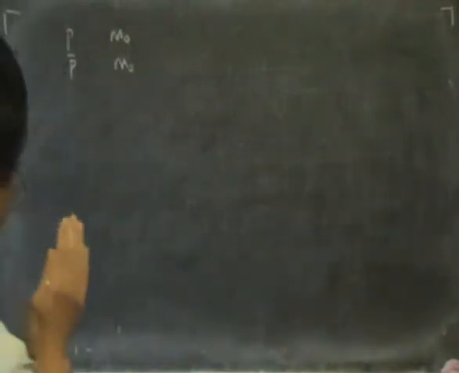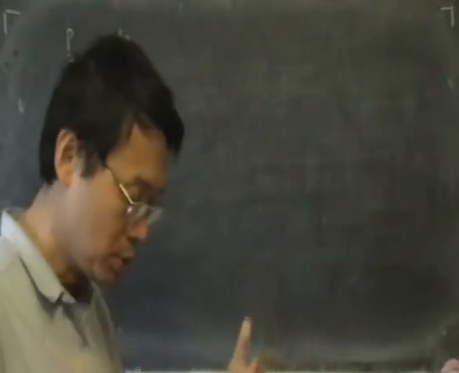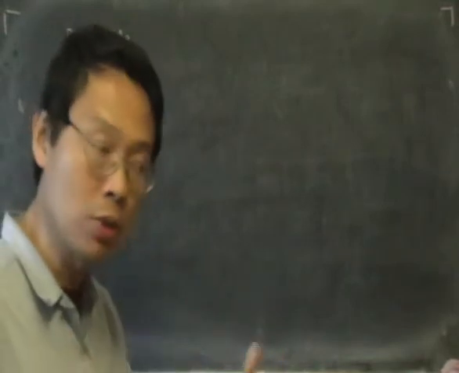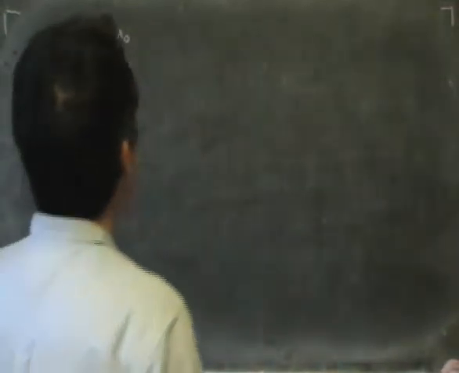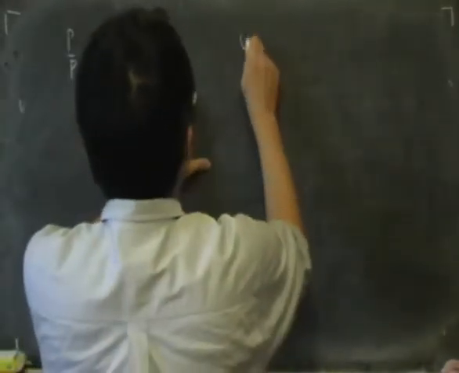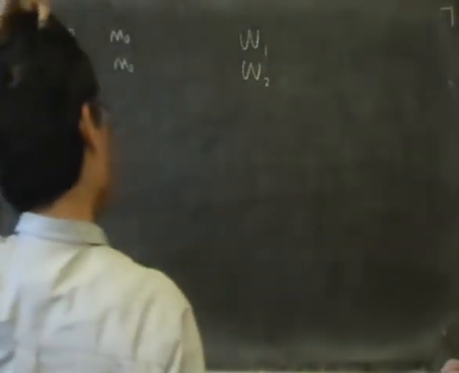In this case, we will look at the particular outcome where the collision between this proton and antiproton produces two W particles. I call them W1 and W2.